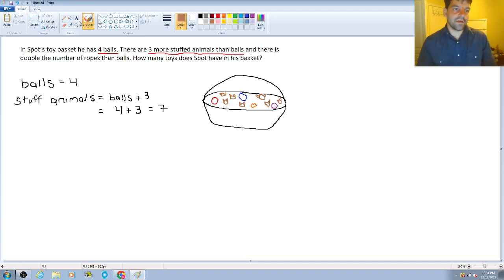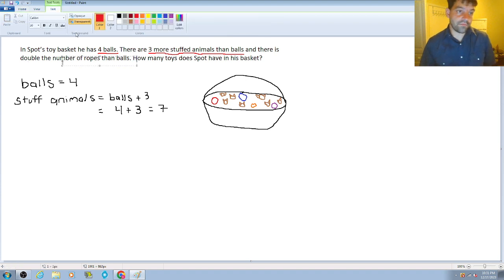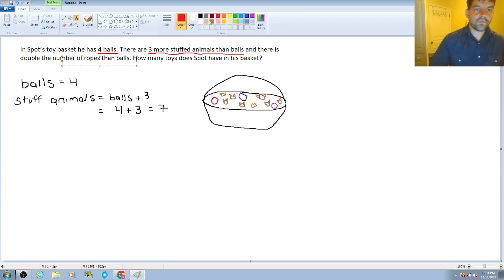Perfect. Okay, and then going back to our second part of that sentence, it says there is double the number of ropes than balls. So the way that we can interpret that is that for every ball, there's 2 ropes. So whatever number of balls is in the basket, there's twice as many ropes, or 2 times the number of balls.